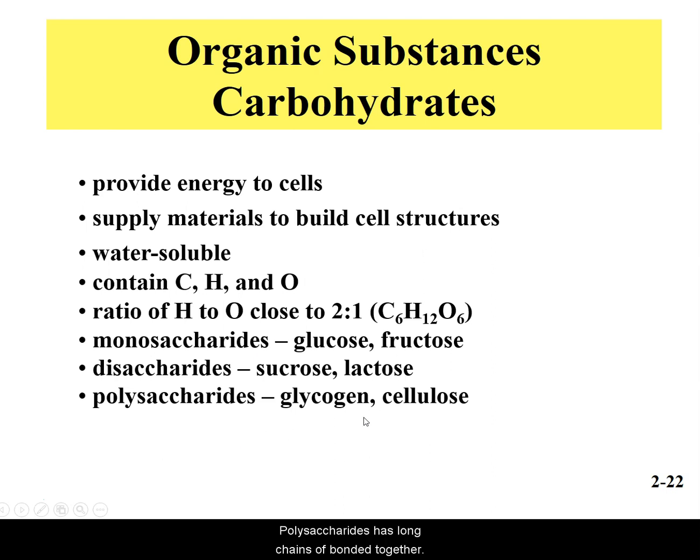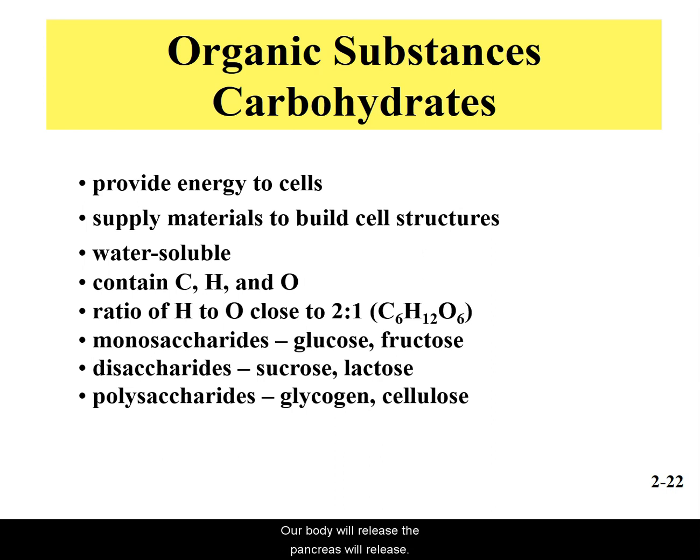Polysaccharides have long chains of bonded together monosaccharides. Poly means many, saccharides, many sugars in a long chain. And I believe in lab I talked about this. And so when we are digesting our food and we glean those monosaccharides from our food, especially glucose, are what happens when we eat carbohydrates and some amino acids in proteins.